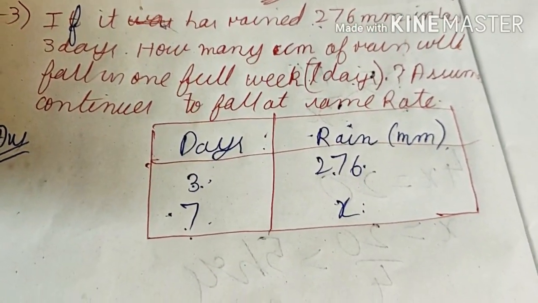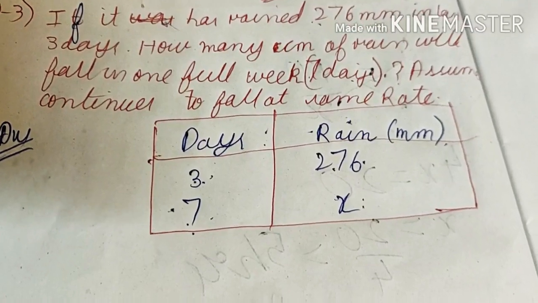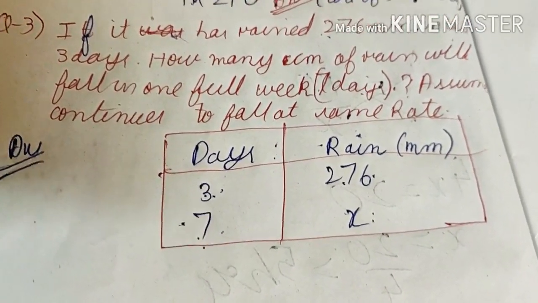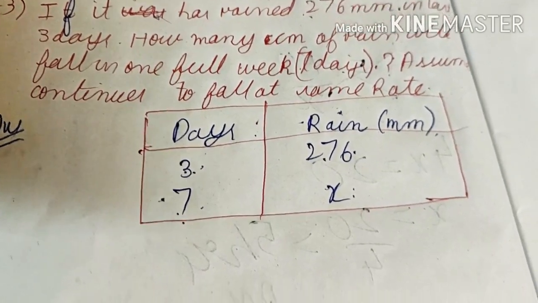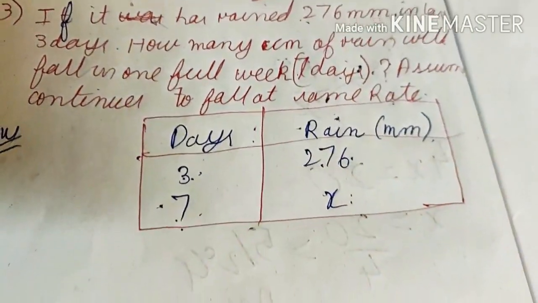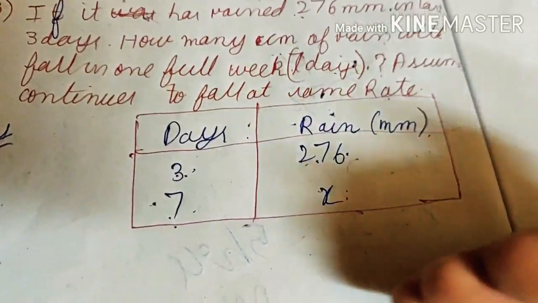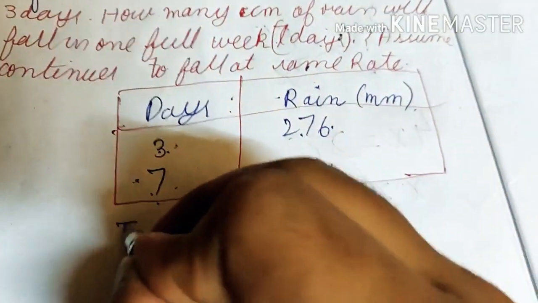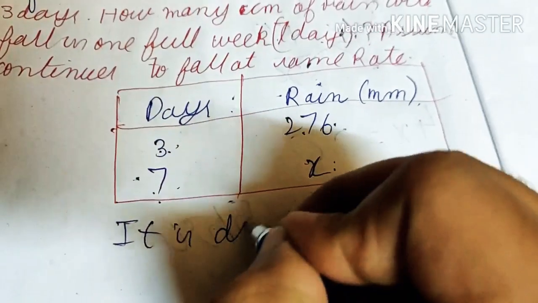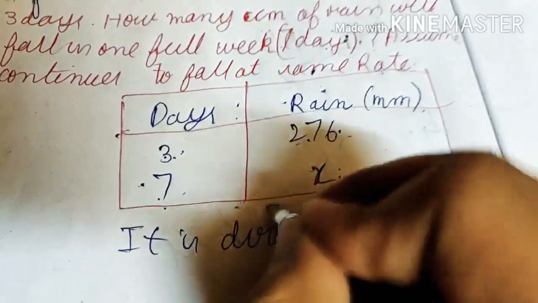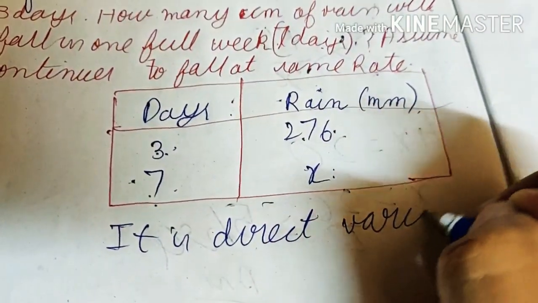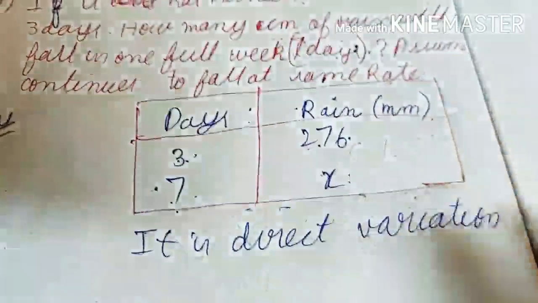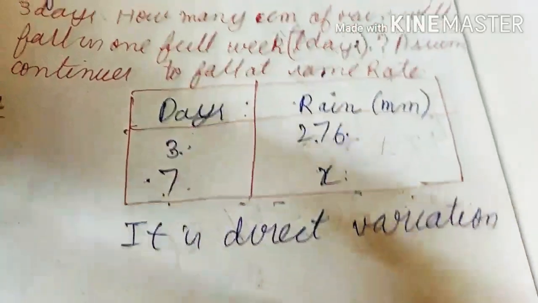Like in one day it rained for 10 millimeter, then in 3 days it will rain for 30 millimeter. If the rain continues to fall at the same rate and the days increase, then the amount of rain will also increase. It is direct variation. And how have we thought of direct variation? We have thought of it by just using our common sense: if the days increase, then the amount of rain will also increase.